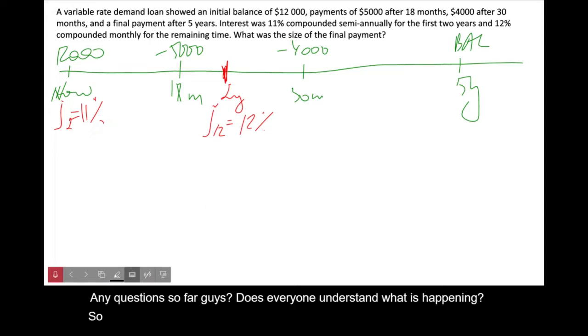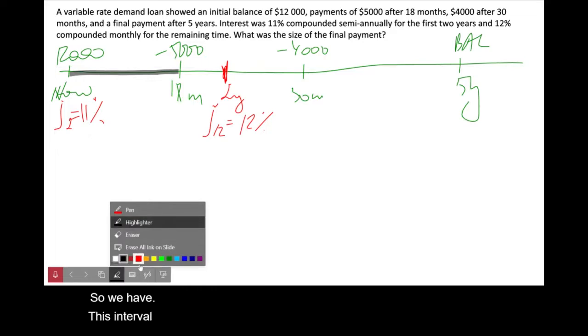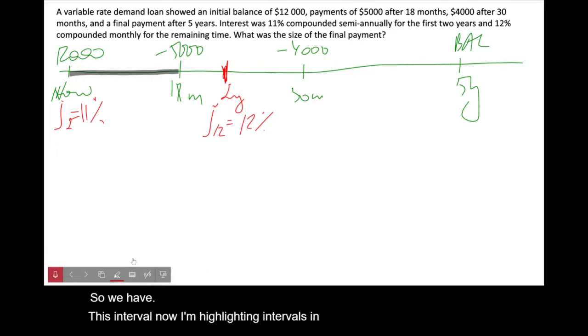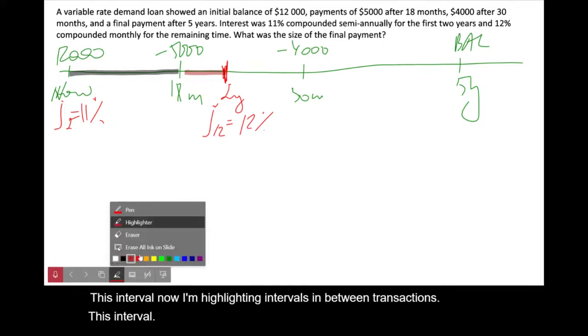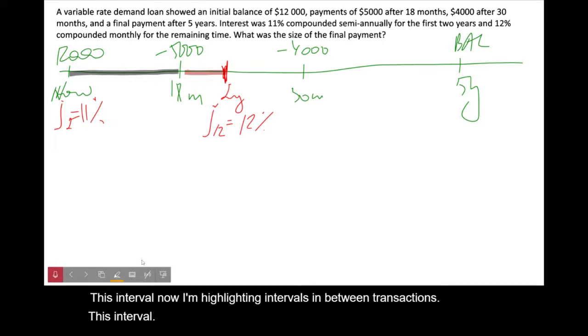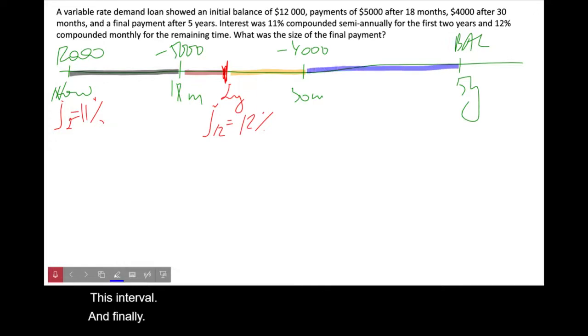So we have this interval. Now I'm highlighting intervals in between transactions. This interval. Then I have this interval. And finally, that interval. So we need to stop at each moment and recalculate values.